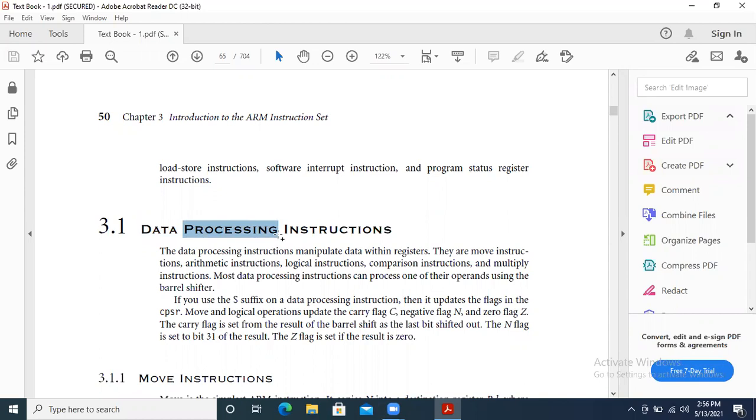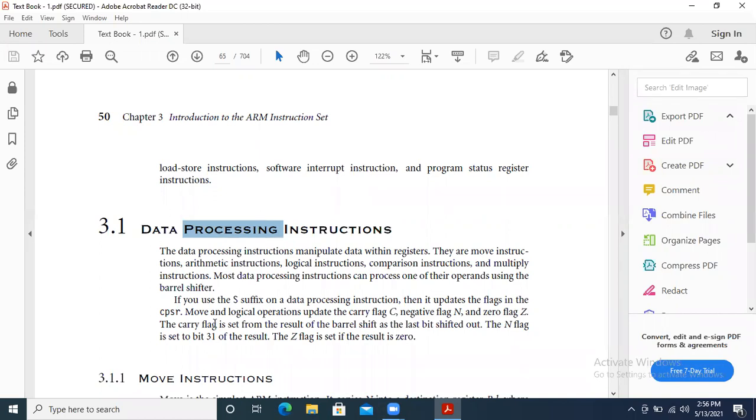Say for example, sum equal to a plus b. So a plus b is your data, and sum means you are going to add those two values here. That type of instruction is called a data processing instruction. Nothing but we accept data from the user and we process it with respect to its condition. So that is called data processing instructions.